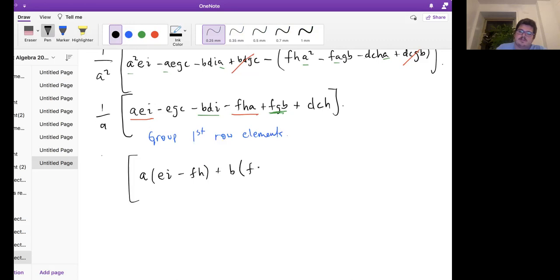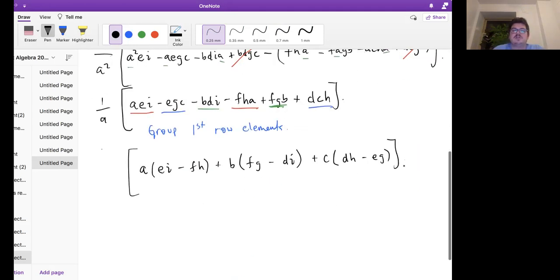So that is FG minus BD. Oh, no, not B. Factoring that out. Minus DI. And now I'm going to group the C's together. So this is plus C times (DH minus EG). Everyone agree with that?